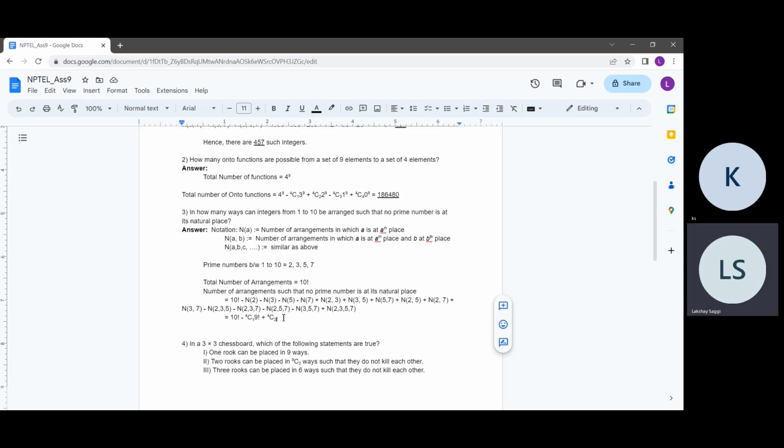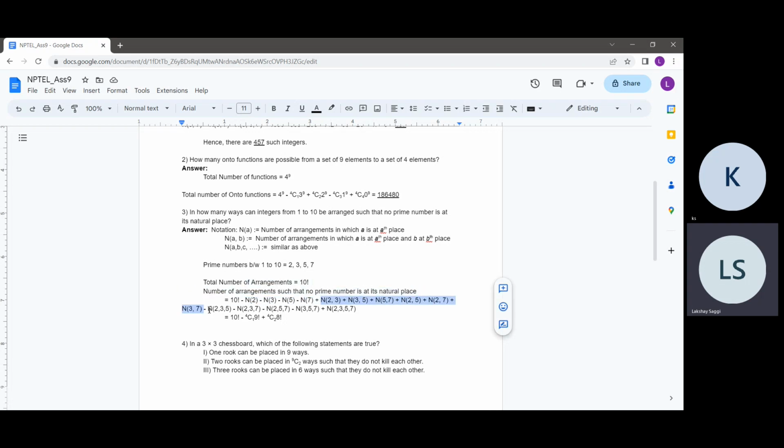So each of these values will be 8 factorial. I wrote down the expanded form to show you how these 4c1 and 4c2 coefficients are coming. The 4c1 coefficient is there because there are these 4 numbers. Similarly, the 4c2 coefficient is there because these are 6 pairwise numbers.